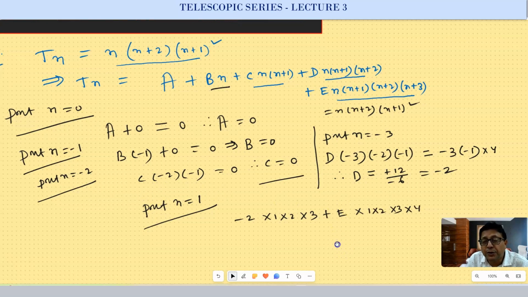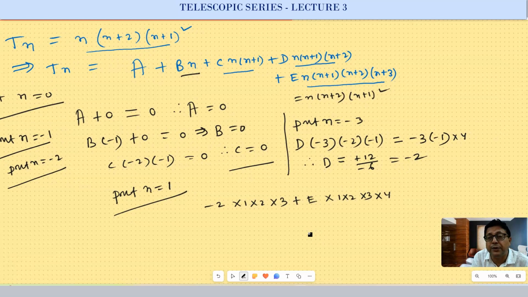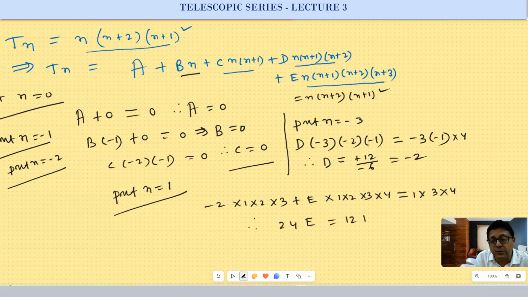And this thing equal to, put n equal to 1 over there on the right side. This is going to be 1 into 3 into 4. Therefore, 24E equal to 12 plus 12. So E is equal to 24 by 24. This is 1.